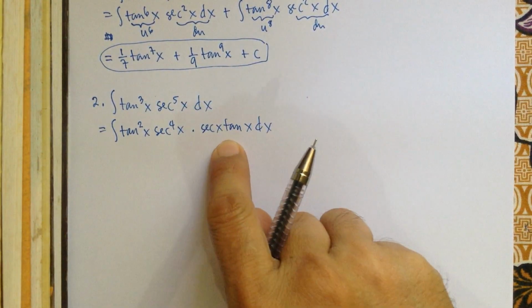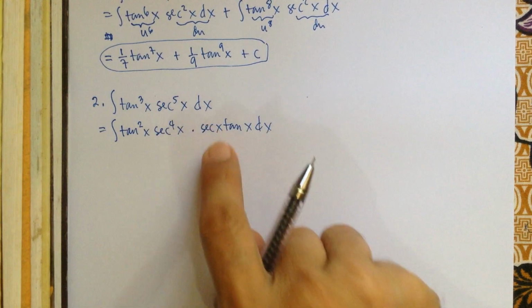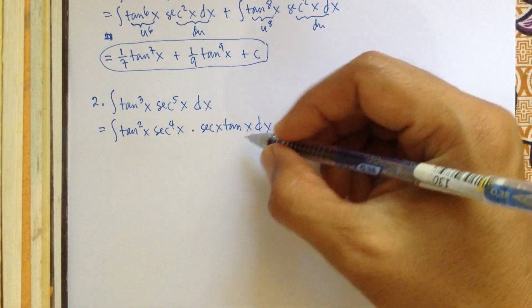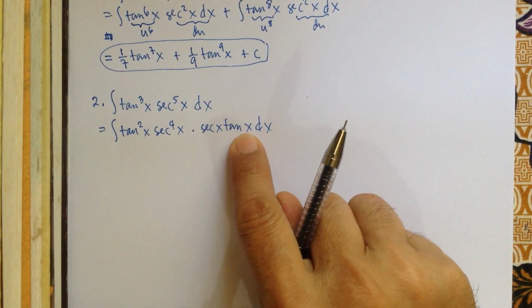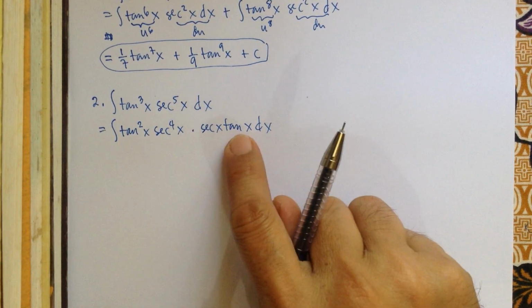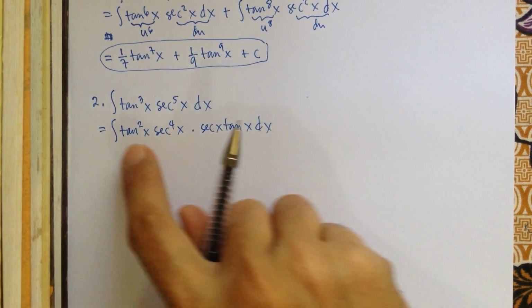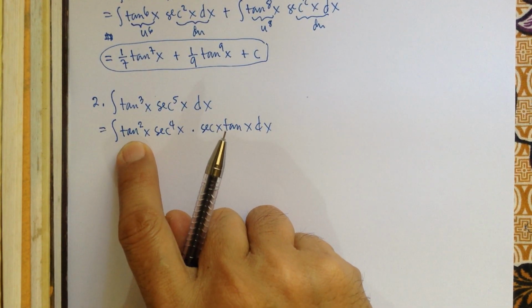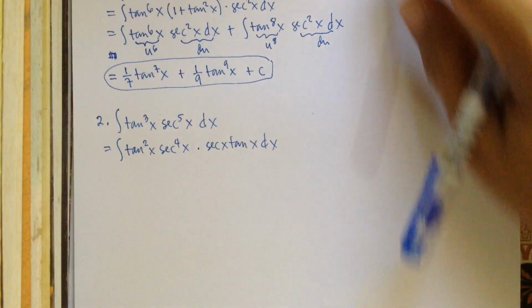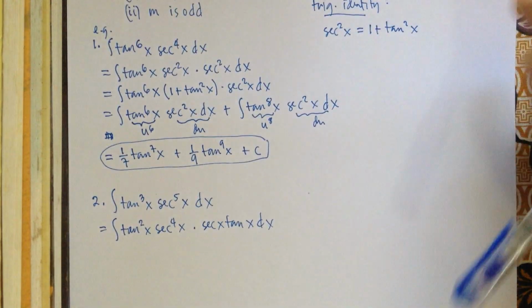Okay, remember we obtained that from tangent cube and secant to the 5th. Okay, so if this is your du, your u is secant, right? Because the derivative of secant is secant x tangent x. That means that we have to convert tangent squared x to secant using the identity again. If you remember that identity, okay, this one.